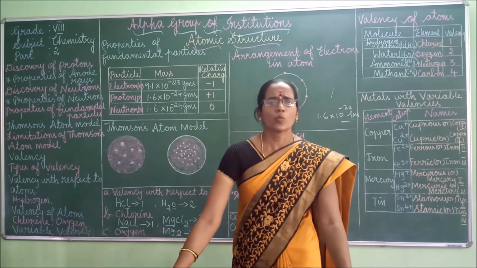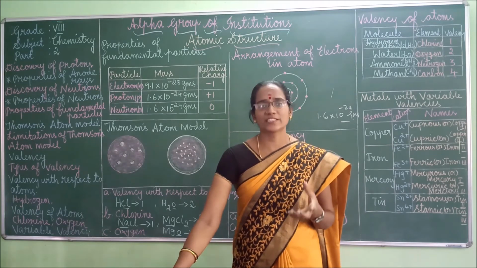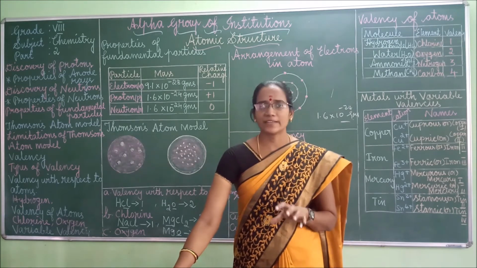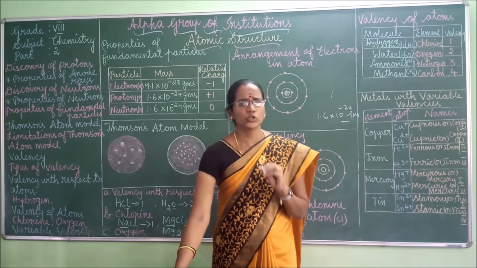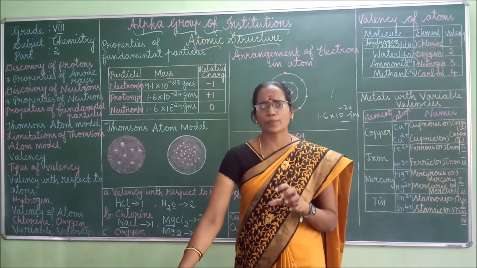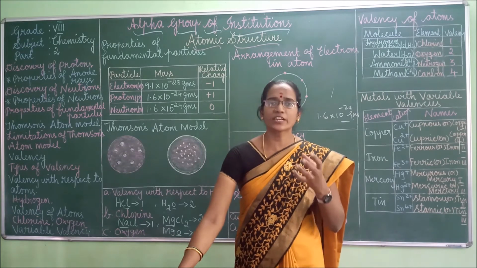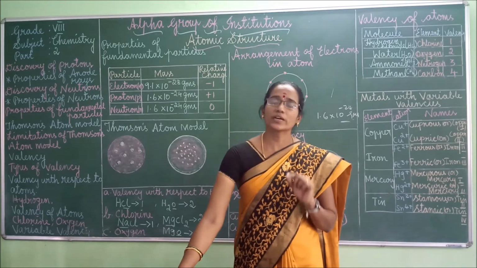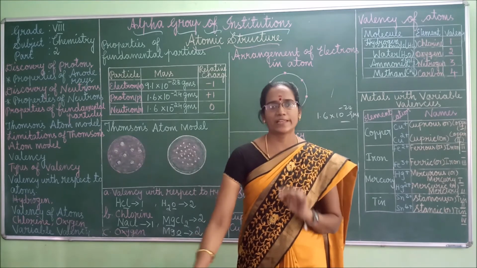Okay, so valency means the combining capacity of an atom is called the valency. When molecules are formed, atoms combine in a fixed proportion because atoms have different combining capacity. So the combining capacity of an atom is called valency.